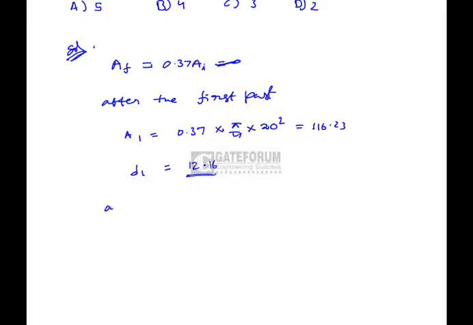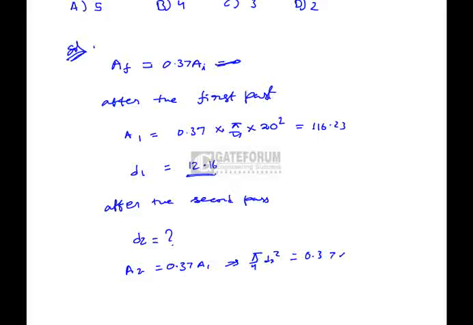So go for the next pass. After the second pass, A2 = 0.37 × A1, that is π/4 D2² = 0.37 × π/4 D1². So D2 comes to 7.4 mm, which is again greater than the final diameter of 5 mm, so go for the third pass.